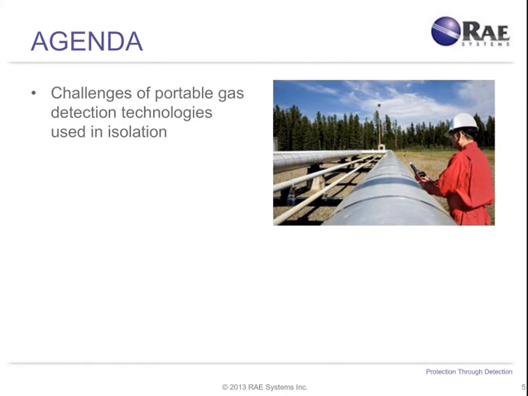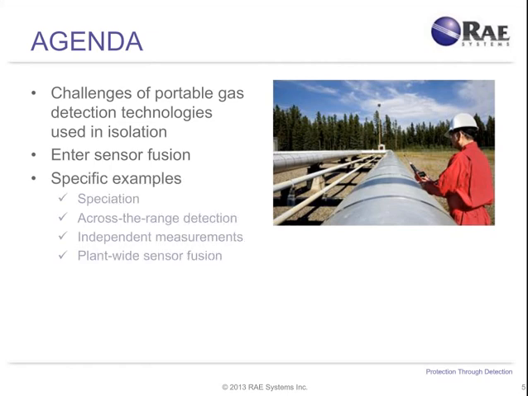We're going to look at their limitations and see how using sensor fusion can help us overcome these limitations. We're going to look at specific examples where sensor fusion could provide better results than using individual gas detection technologies in isolation.